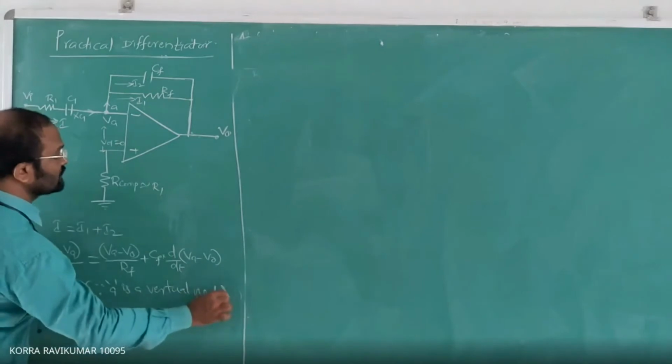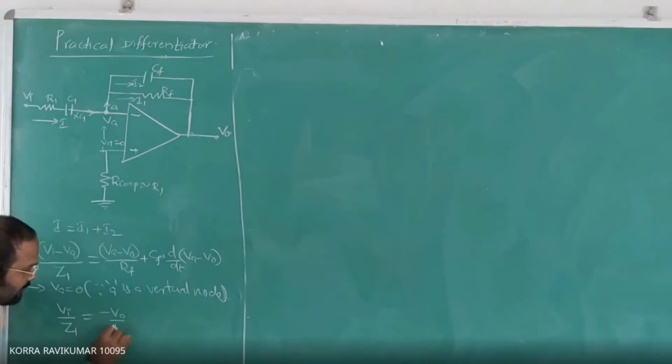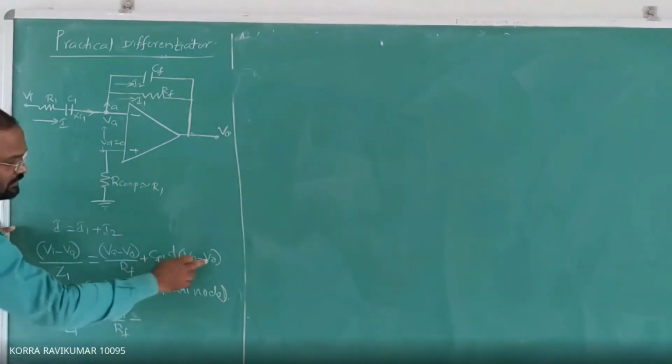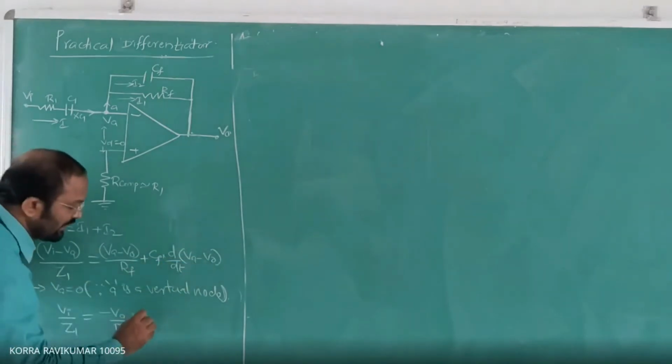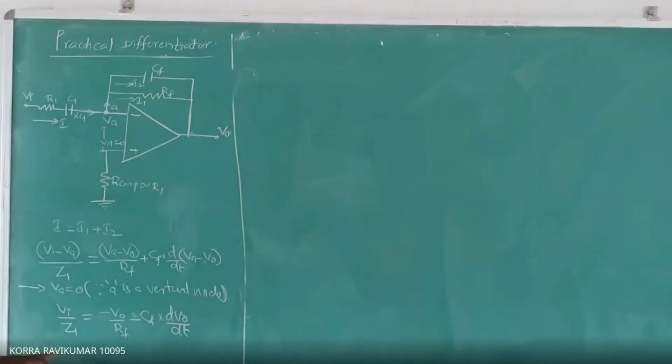If you substitute VA equal to 0 in this expression, then the equation becomes VI by Z1 is equal to minus V naught by RF, plus or minus, here minus. If VA is 0, then V naught becomes minus V naught here. So minus CF into dV naught by dt. This is the expression.